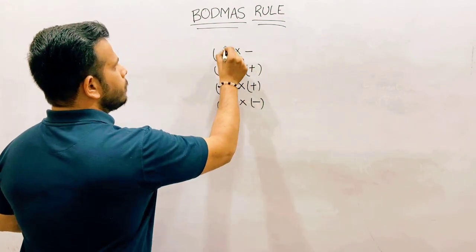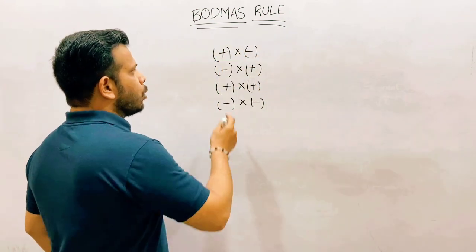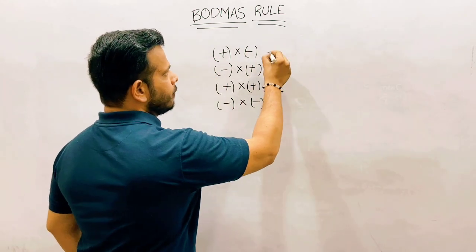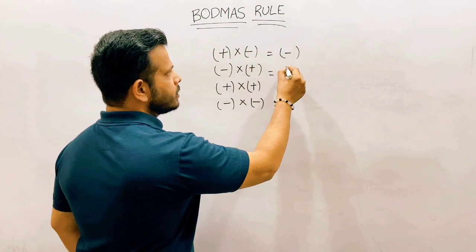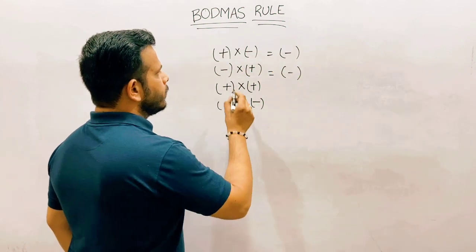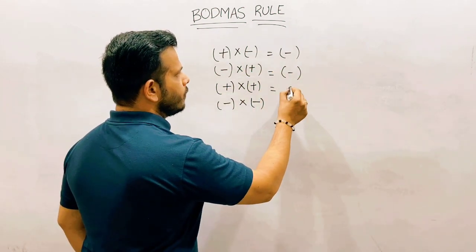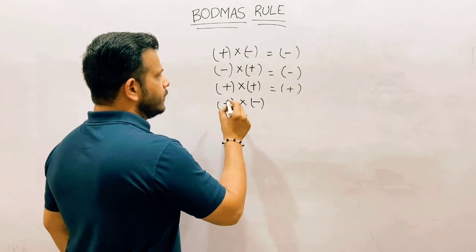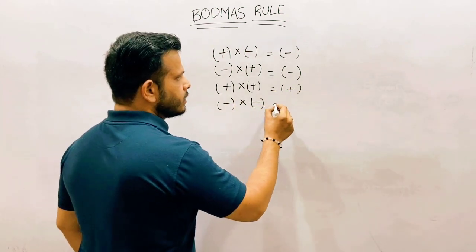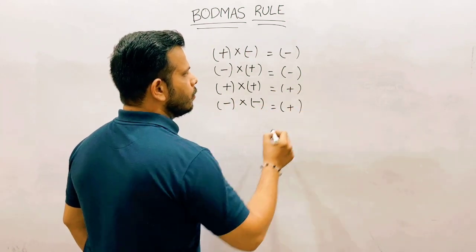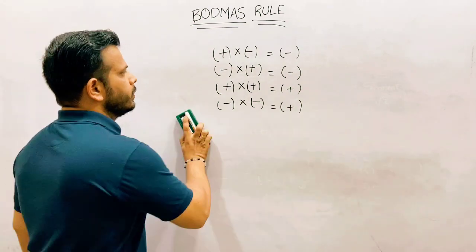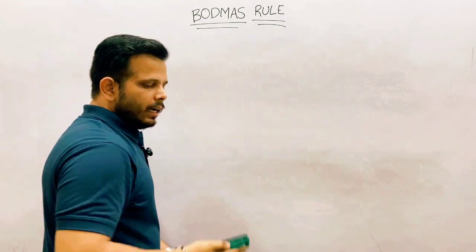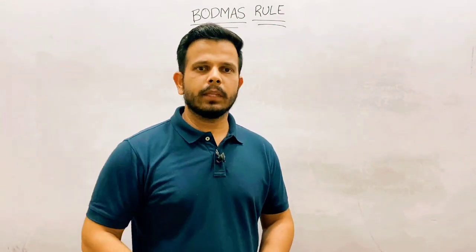Positive into negative will always result in negative. Minus into plus will give negative. Plus into plus will always give positive. Minus into minus will also always give positive. Good going.